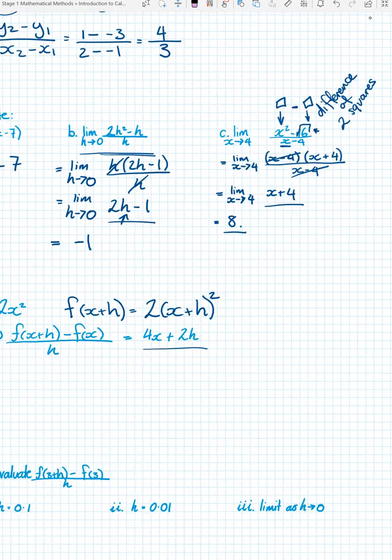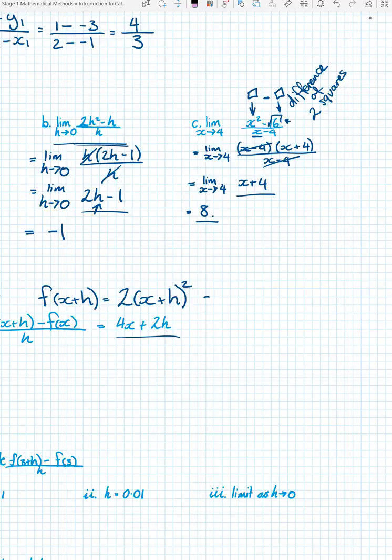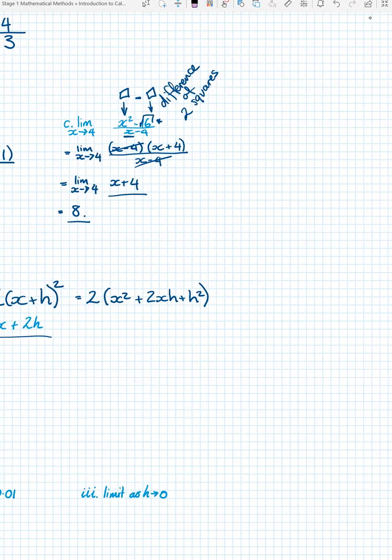Now, first we need to expand out our x plus h squared. So because we know our expansion rules, we know that that's going to go to x squared plus 2xh plus h squared. And when we expand that out, we're going to get 2x squared plus 4xh plus 2h squared.